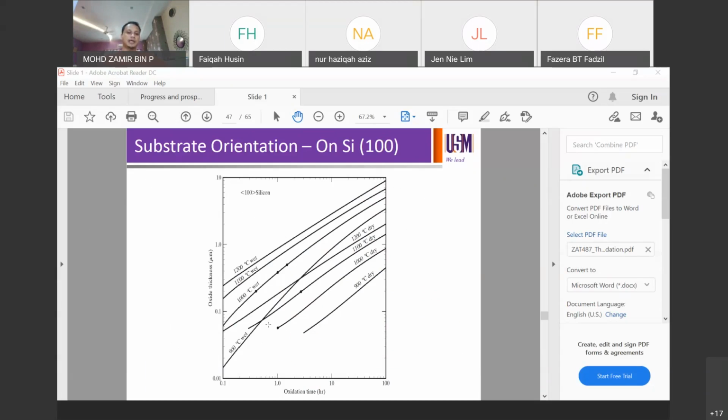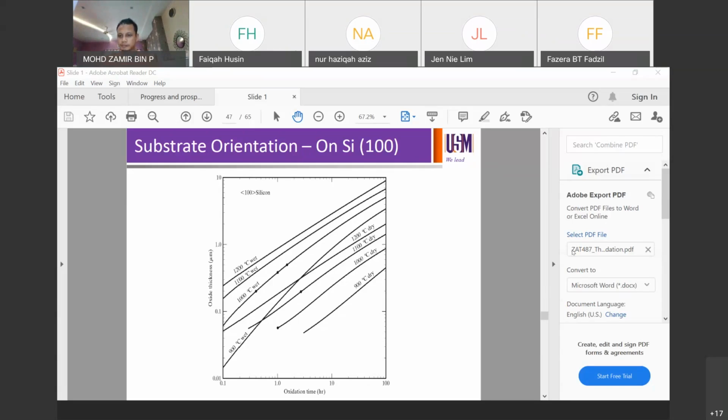You run your process using 100 silicon at 1000 degrees C, wet oxidation for 1 hour. What will be your oxide thickness? Look at the chart. Tell me your oxide thickness after the process, assuming everything goes according to the flow. 1 hour process, 1000 degrees C, wet process. What will be your oxide thickness on your silicon 100?